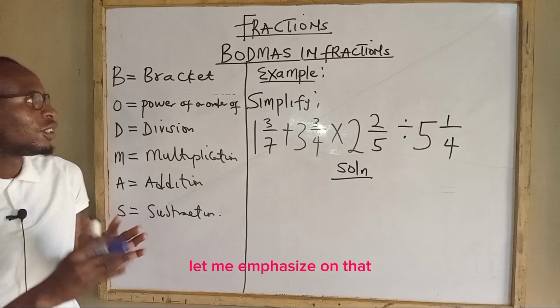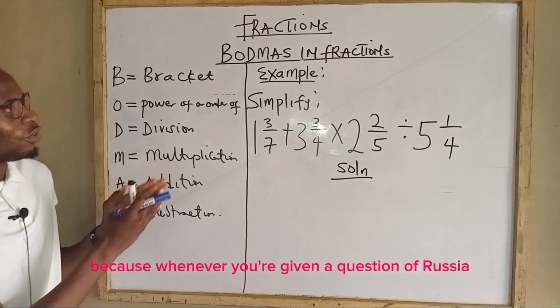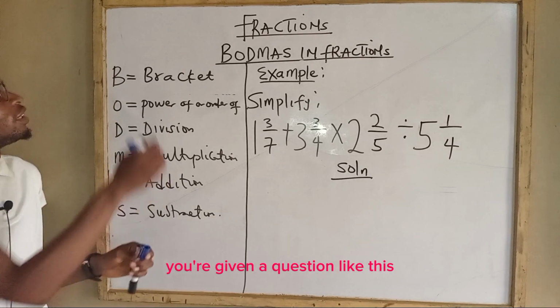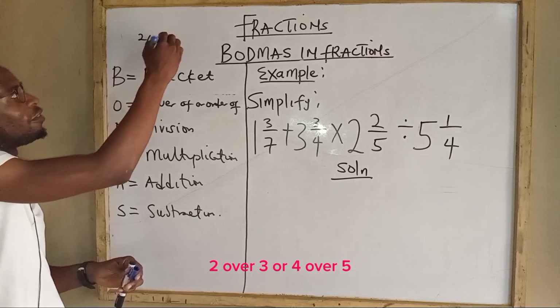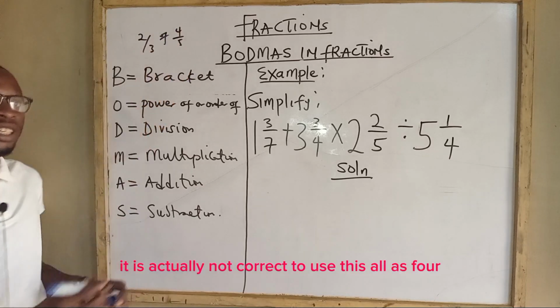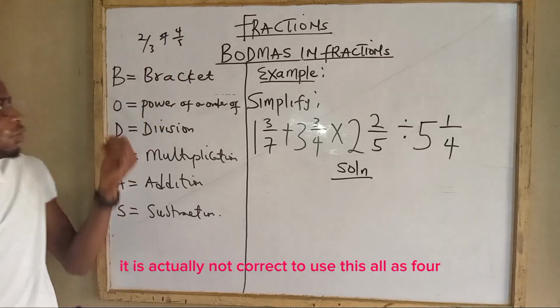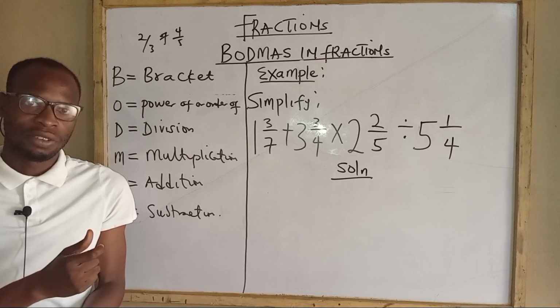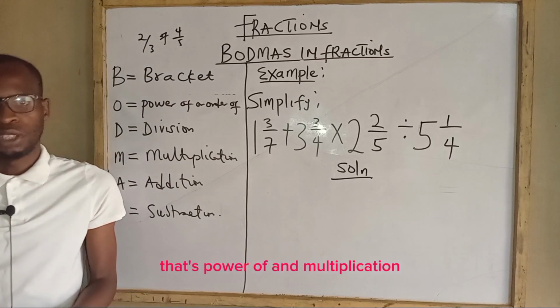Let me emphasize on that, because whenever you're given a question of fraction like 2/3 of 4/5, it is actually not correct to use this O as "of", because there's a little difference between "of", that's power of, and multiplication.